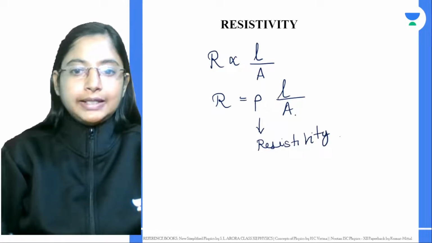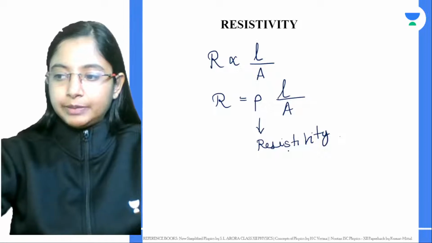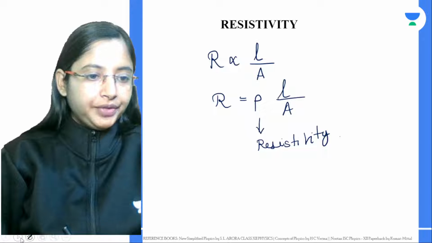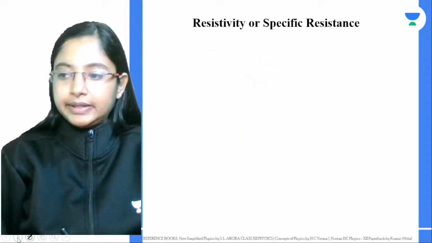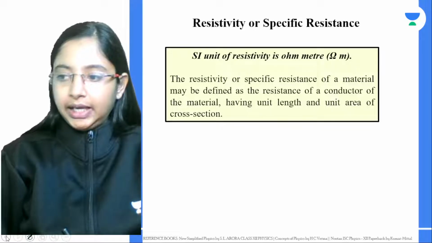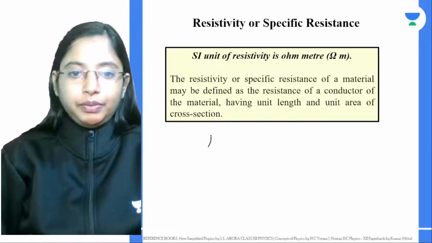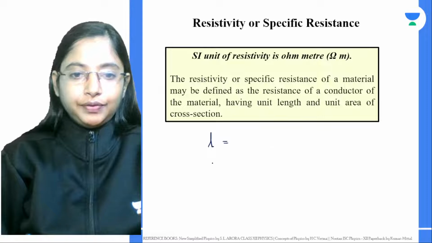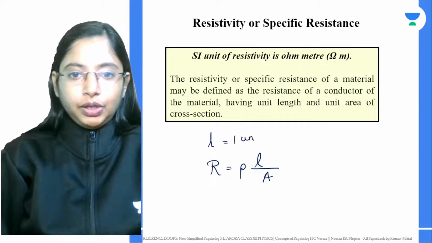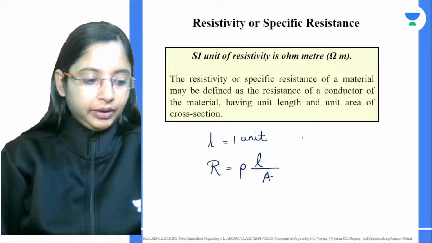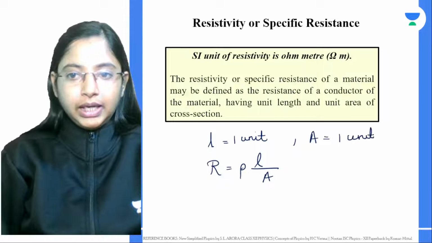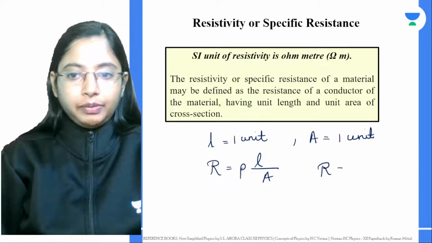Resistivity, or sometimes we call it specific resistance as well. Now what is resistivity or specific resistance? Very simple. If R is equal to rho L by A, and you make the length 1 unit and the area of cross section 1 unit, then R will be equal to rho.